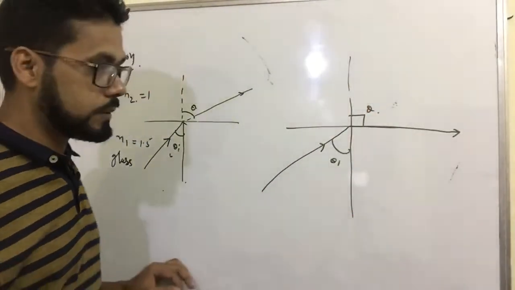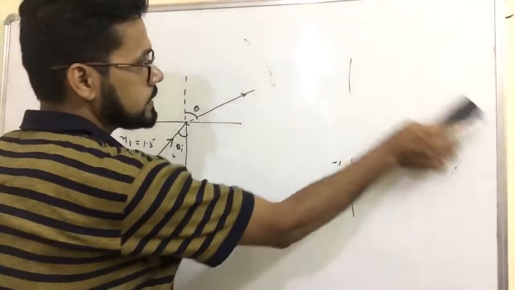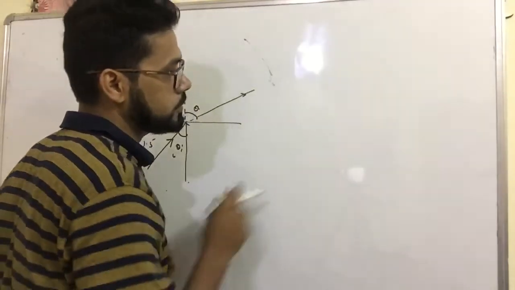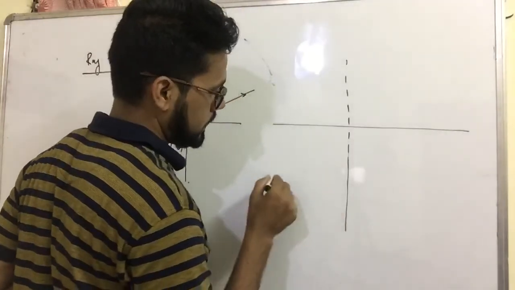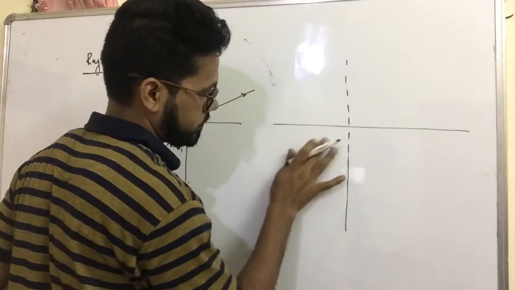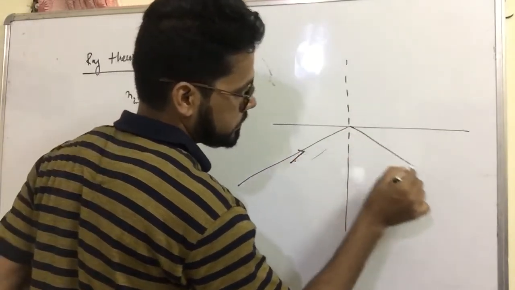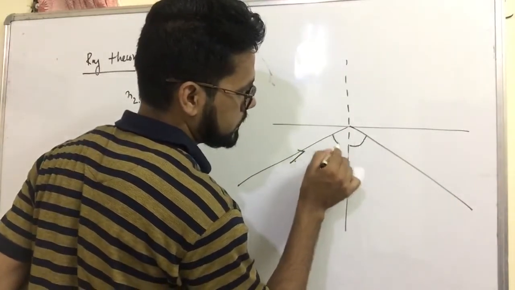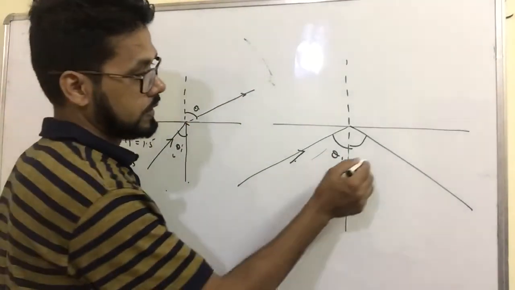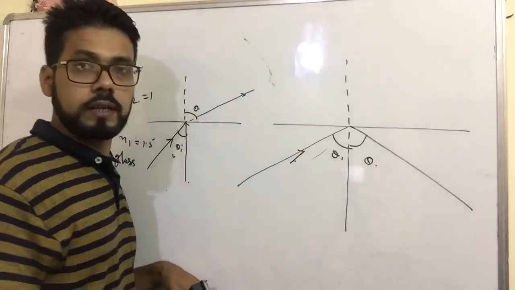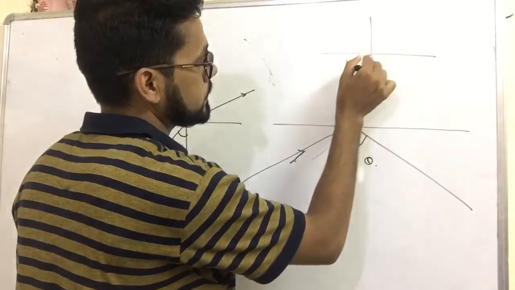After a specific angle, suppose we increase the incident angle more, this is the third case, third diagram. This is a normal, and if we increase the incident radiation more, then total internal reflection takes place. I draw the previous example again.